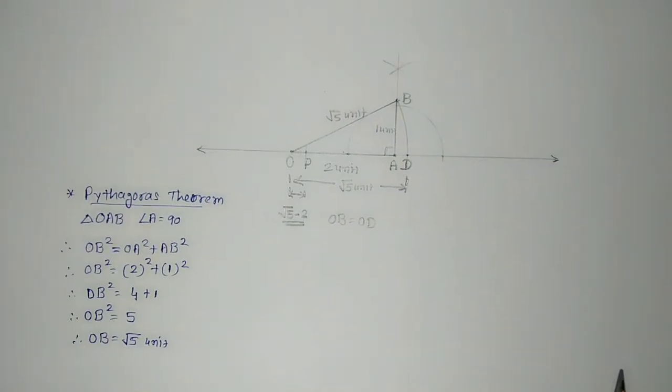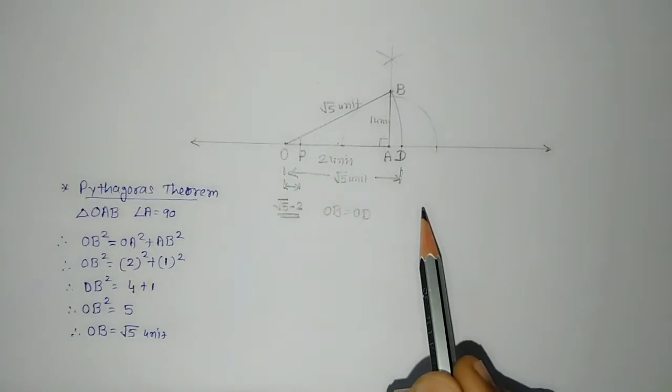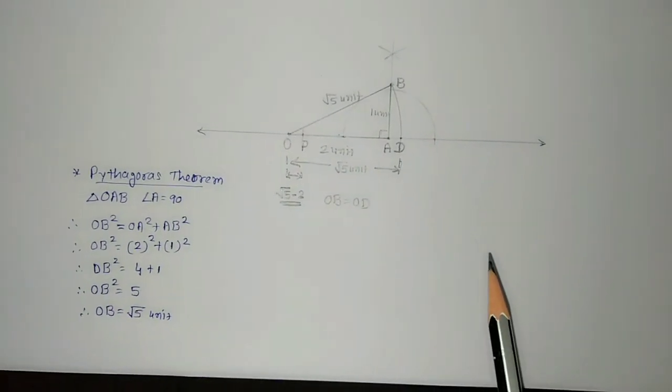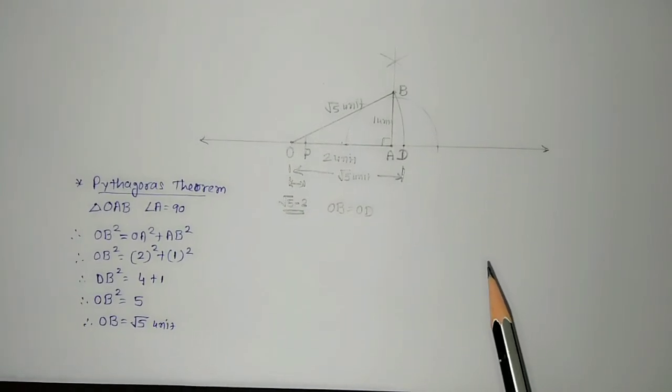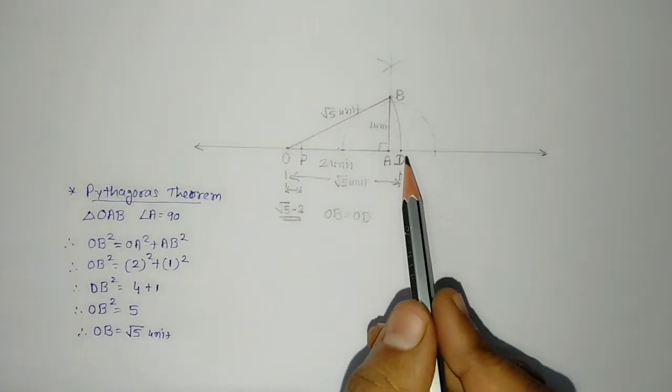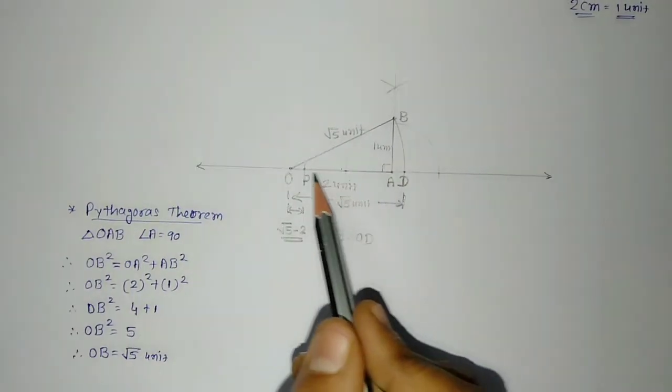What we did first of all, we have drawn root 5 as per the construction we did for root 5, and then we have taken these 2 units and we have subtracted those 2 units from whatever root 5 we got. We need to subtract, so we'll go towards the origin side.